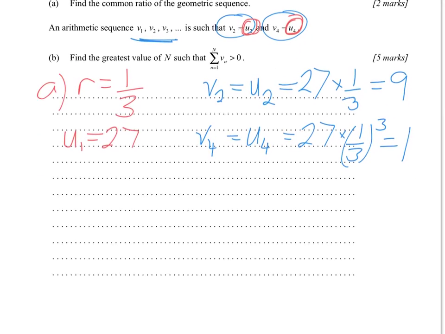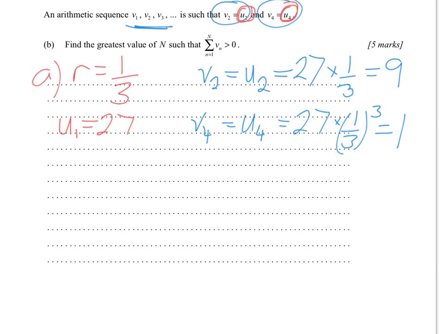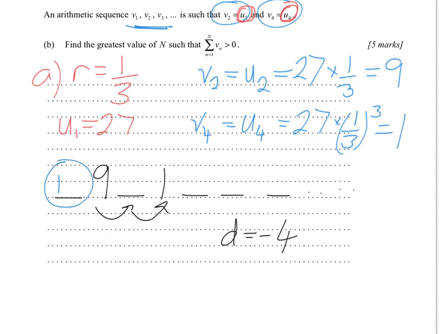So my arithmetic sequence must go something, 9, something, 1, and carry on like that. Now you could set up an equation and solve them simultaneously, but you really should be able to see that the difference in this arithmetic sequence is -4, and we can work out the first term by going back one. So v1 is 13.